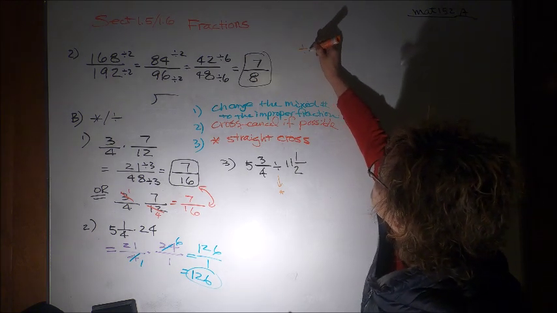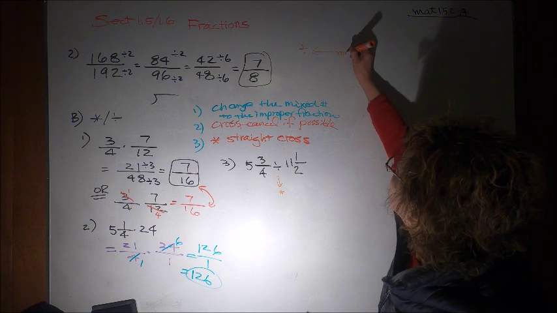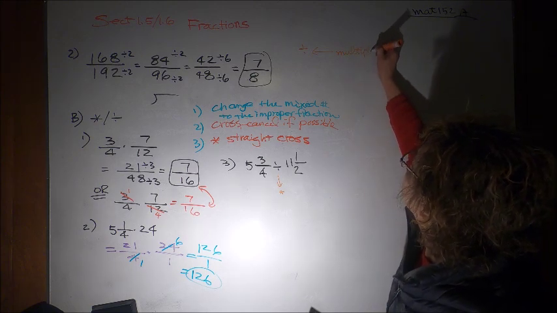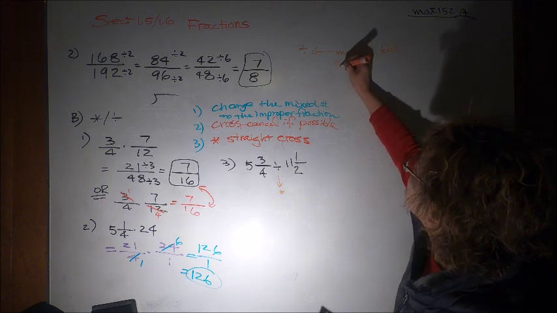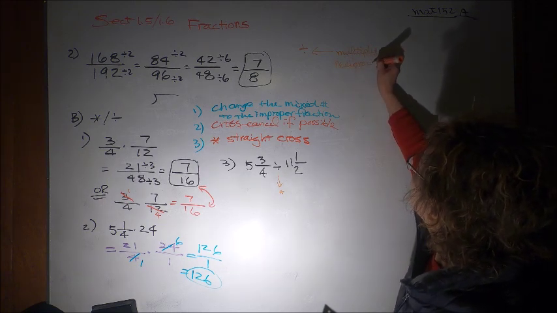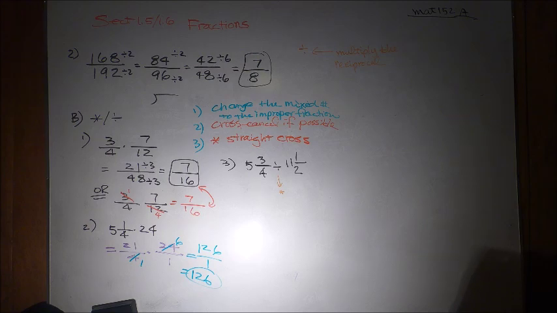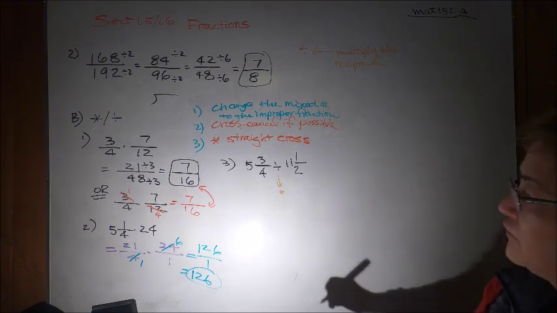So for division, we multiply by the reciprocal. What does reciprocal mean? It means flip. But we have to make a fraction first.